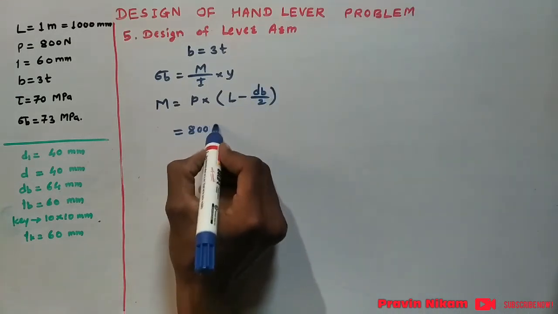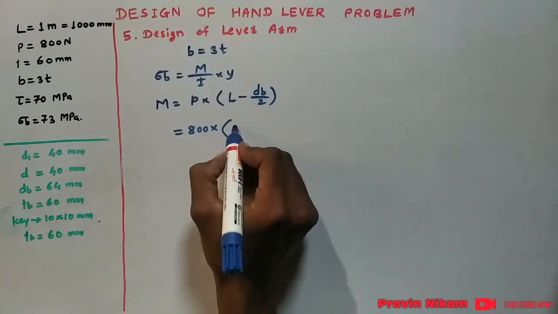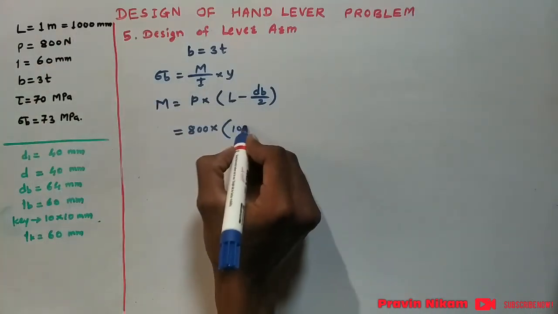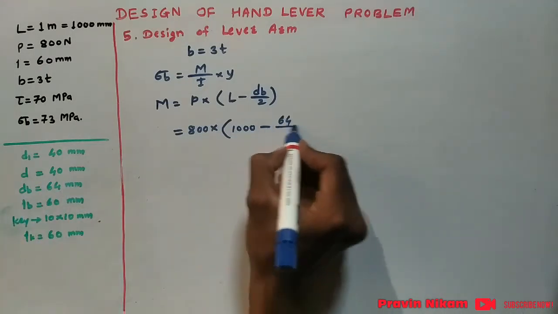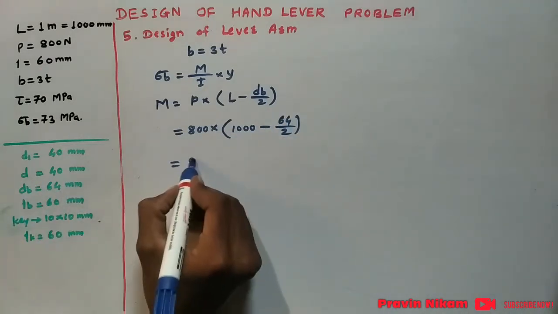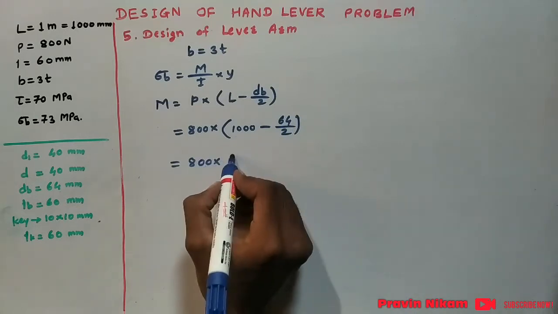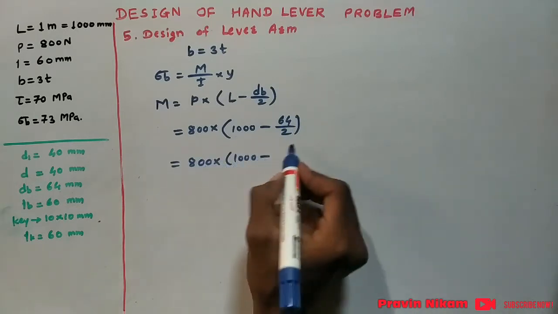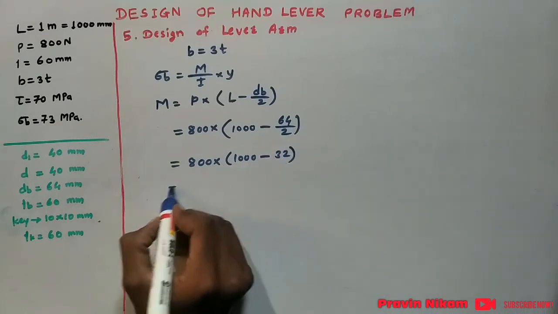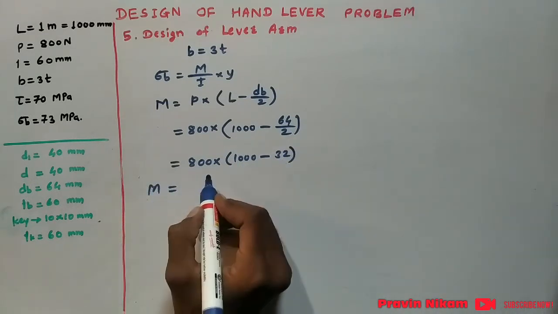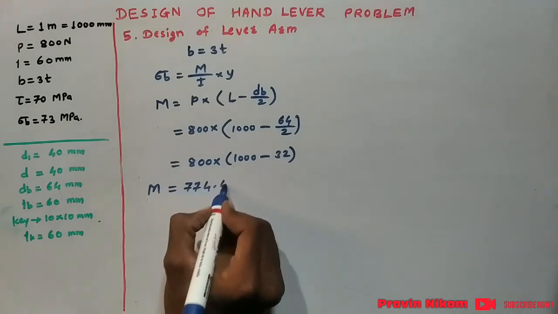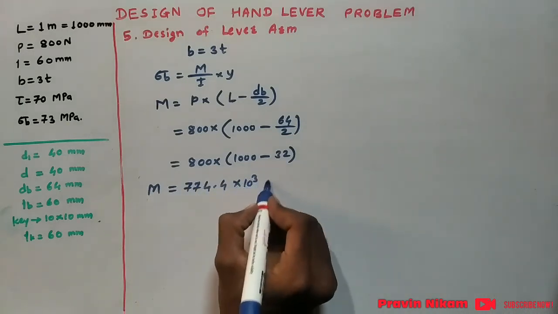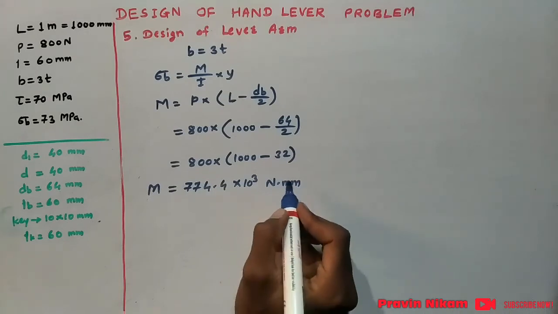So here P is 800 into L is 1000 minus dB is 64 divided by 2, so 800 into 1000 minus 32. So M becomes 774.4 into 10 raised to 3 Newton mm.